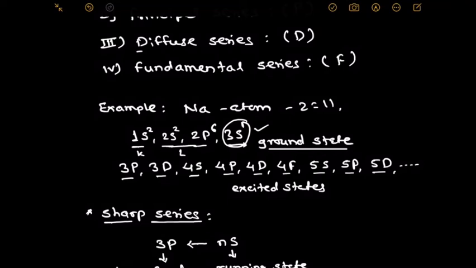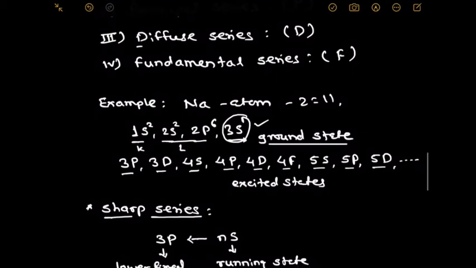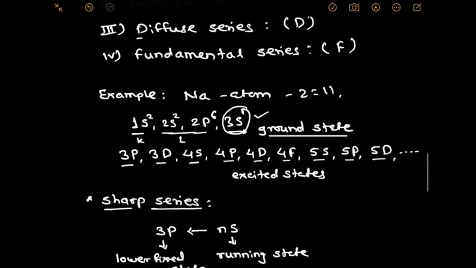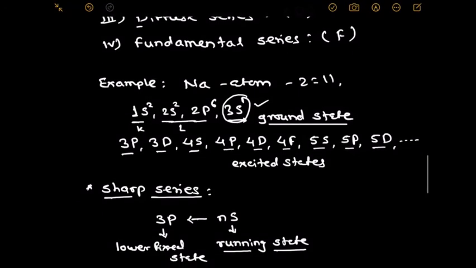But the ground state is 3S, and above the ground state there is the 4S state. Hence we start from 4S, since the electron goes from 3S to the next 4S state. Now nS is the running state.